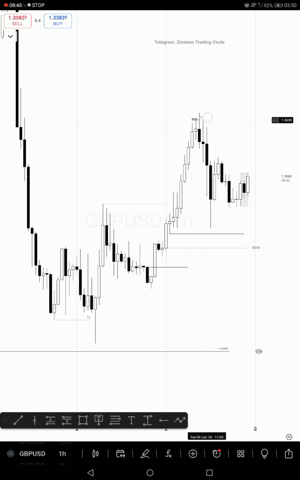I wasn't sure enough, but thank God the 50% has been met, clarifying to me that the bearish momentum has started. So this zone right here is met, and this buy was a missed buy. The buy opportunity didn't offer itself well in my own opinion, but the sell opportunity was a nice trade.